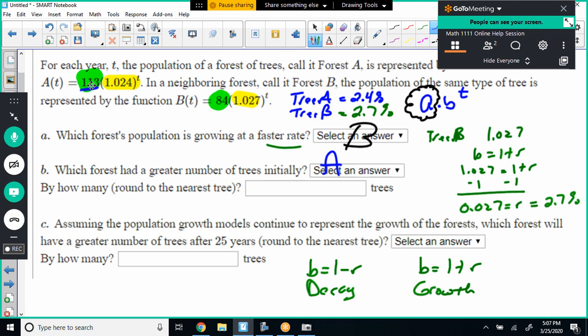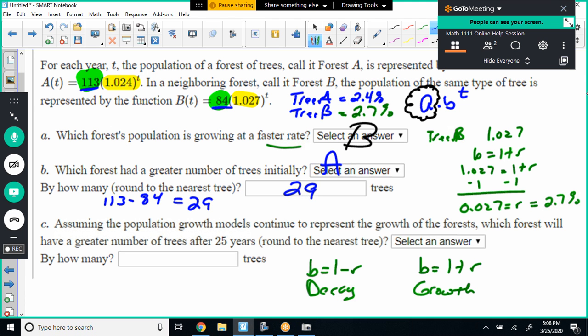Forest B only had 84 to begin with. By how many trees? 113 minus 84 is 29 trees.